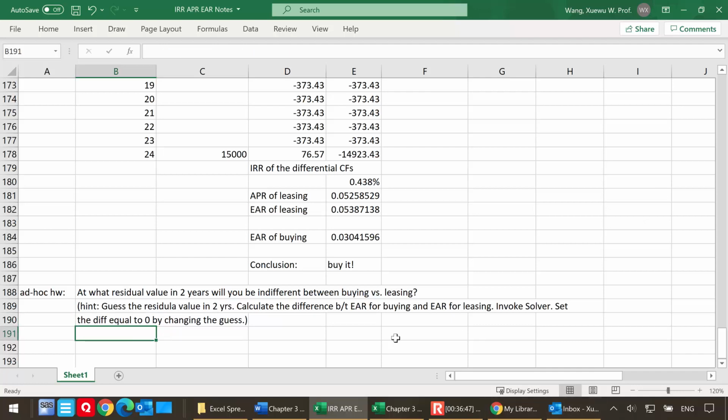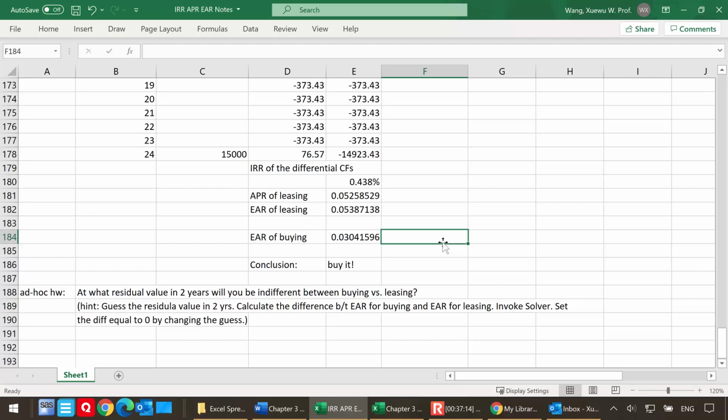And this really concludes chapter 3. Just to summarize, we are looking at IRR, APR, EAR, and its applications. The first application is for mortgage. So we have a very powerful tool of calculating the true cost of the mortgages, and that concept is called EAR.